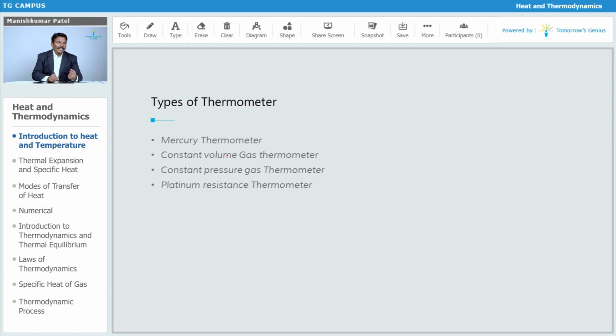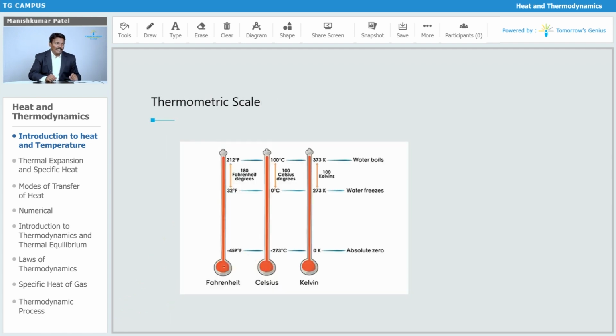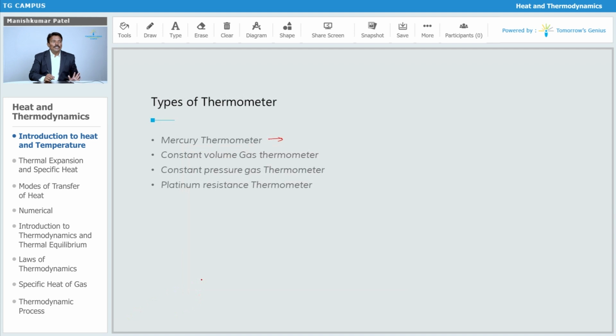In the case of the mercury thermometer, we put the mercury in a glass tube, which expands and shows the corresponding reading. The mercury kept over here expands according to the given temperature. That is what we call a mercury thermometer. The volume is going to change.